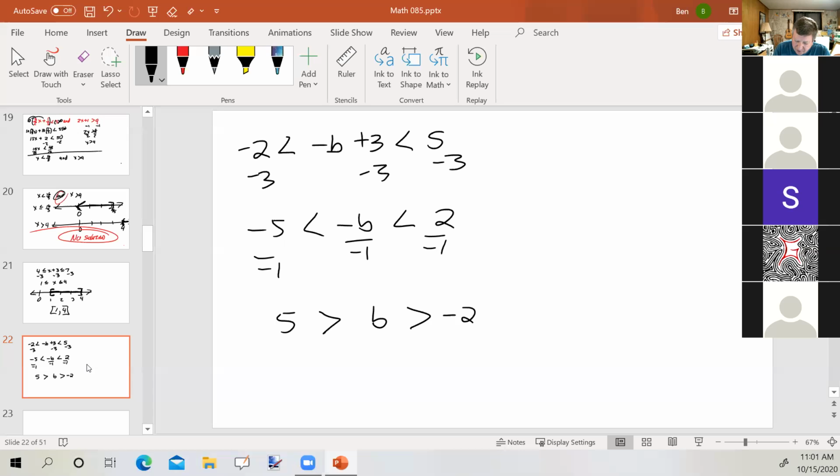So consider this, if 5 is bigger than b, and b is bigger than -2, isn't this also true? Now, I'm not flipping the signs here. I'm just changing the whole viewpoint. For instance, Roger, would you think it's fair to say that I'm older than you?